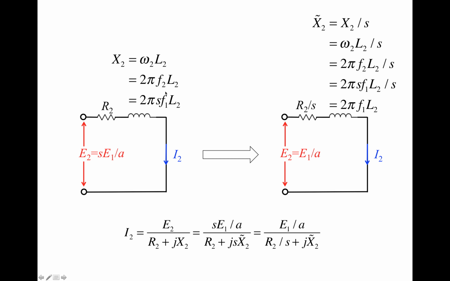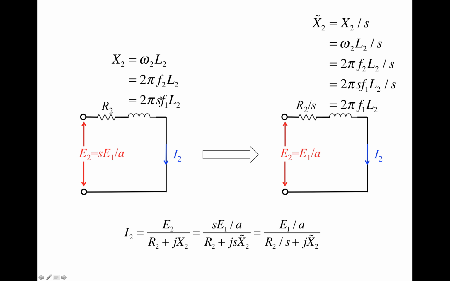F1 is the stator side frequency, but S times F1 is different from the stator side frequency. So our goal is to replace this inductor at frequency S times F1 with another equivalent inductor with a reactance that's given at frequency F1.